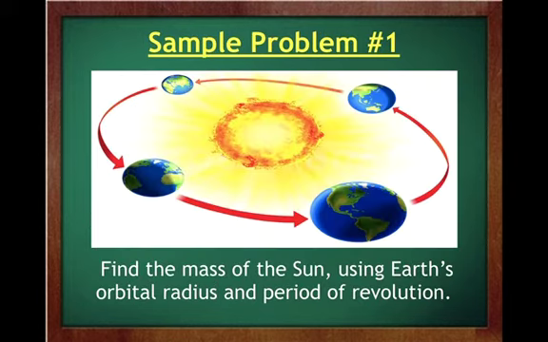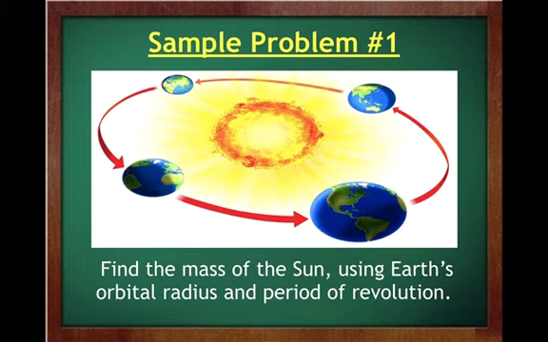All right, so here's sample problem number 1. In this case, we are being asked to calculate the mass of the sun using Earth's orbital radius and period of revolution. We will be using that sheet in your formula booklets that has all those constants listed.